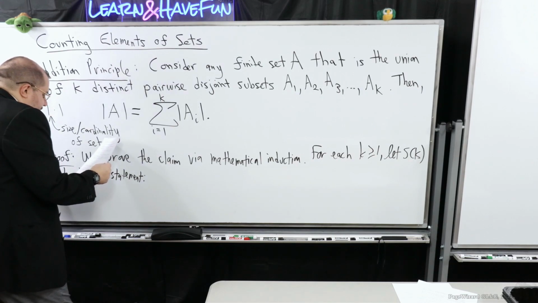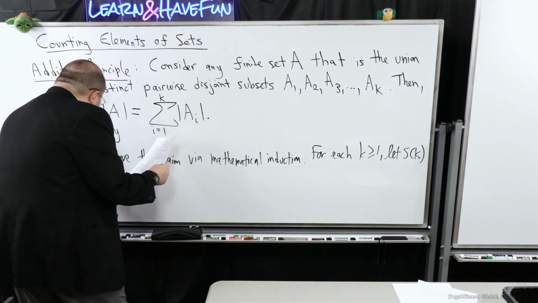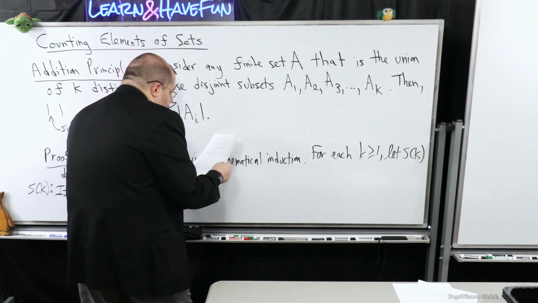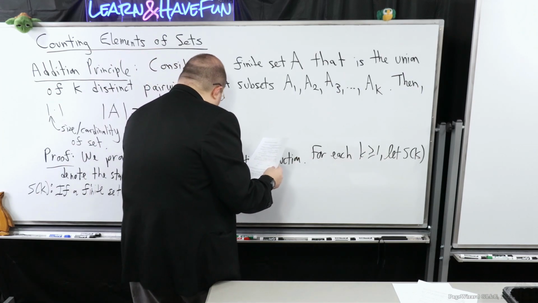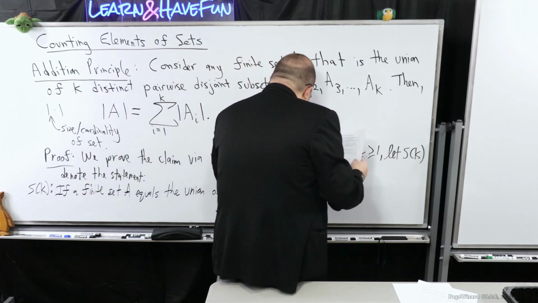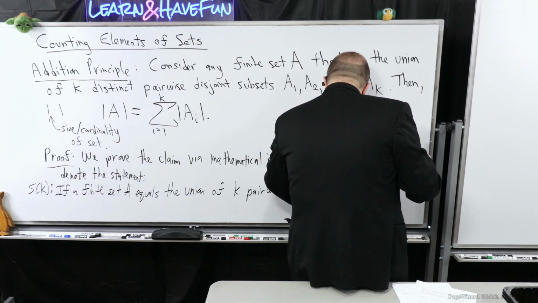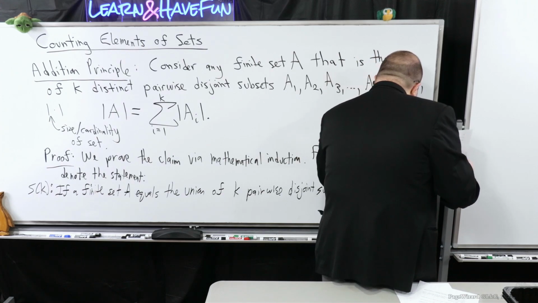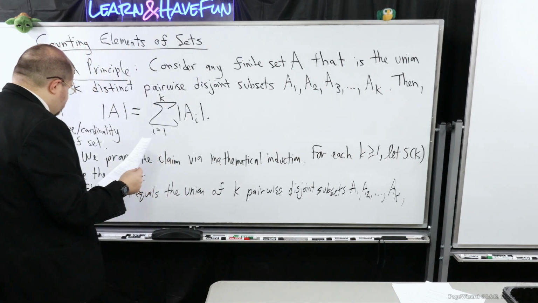S of k is: if a finite set A equals the union of k pairwise disjoint subsets A1, A2, ... AK, then it has to be that something like this follows, right?